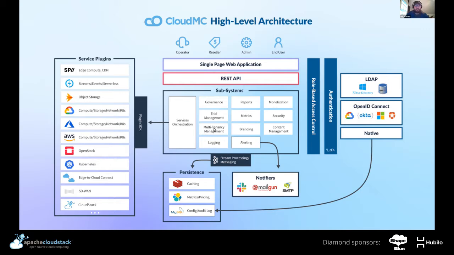So things like multi-layer multi-tenancy, trials, different branding for different organizations. So you have a reseller and you want them to be able to have their own branding, different pieces around pricing and metrics and reporting and all that type of layer.